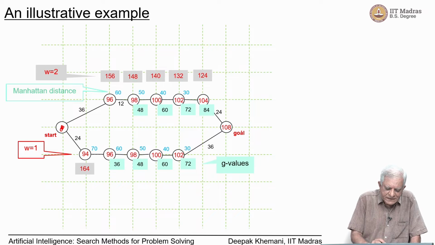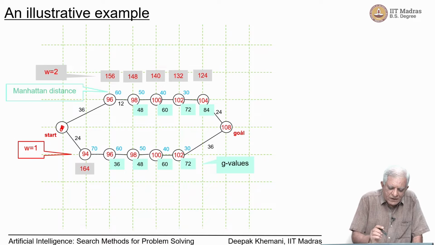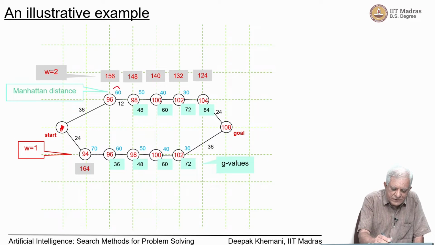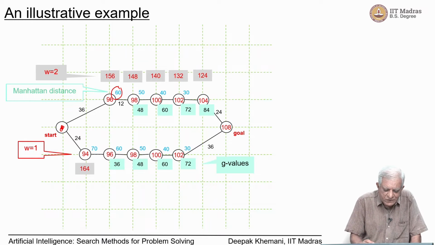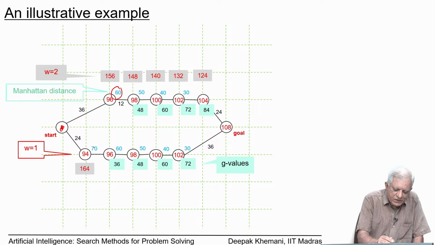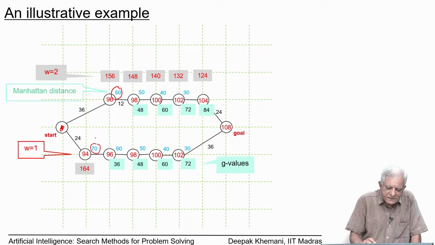The only difference is that in the top path, the 5 nodes are shifted 1 square to the right, and in the bottom path they are 1 square to the left. Now, what we have written in blue are the Manhattan distances to the goal. So, for example, this value is 60 and then 50, 40, 30, and then the goal of course is 0. And on the bottom you can see that we start with a Manhattan distance of 70.